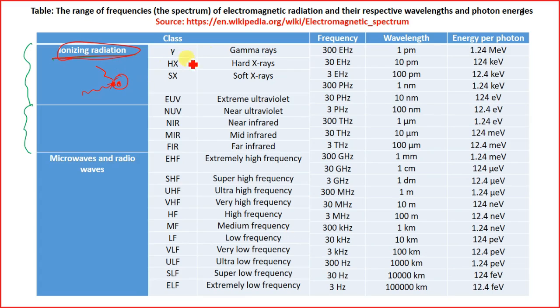So hence these rays are regarded as ionizing radiations. They have the capability to interact with the atoms, and to give a sufficient amount of energy to those electrons so that they move out of the atom or the molecules and make the atom or the molecule an ionized entity.